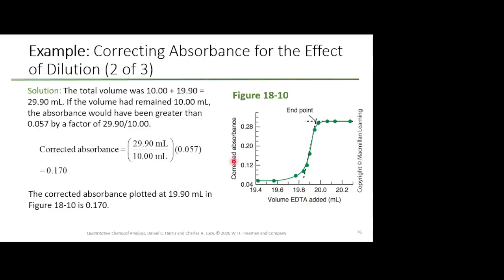And so you do have to add that into your corrections. That's the correction right there: you got 10 plus 19, right? And it started as 10, so now it's 3 times more dilute essentially. And so that's what it would be comparable to.